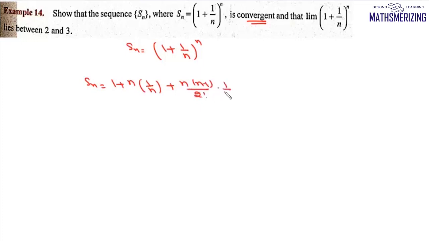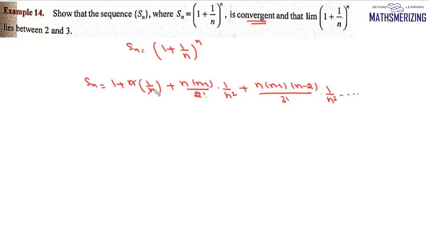Now the next question is, show that the sequence S_n, which is (1 plus 1 by n) to the power n, is convergent, and then we need to prove that this limit lies between 2 and 3. Now using binomial expansion, we can write S_n as 1 plus n into 1 by n, plus n(n minus 1) upon factorial 2, 1 upon n square, plus n(n minus 1)(n minus 2) upon factorial 3, 1 upon n cube.